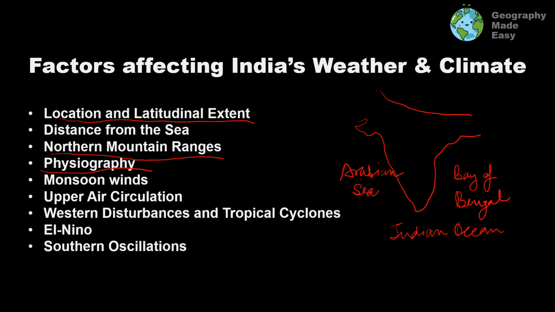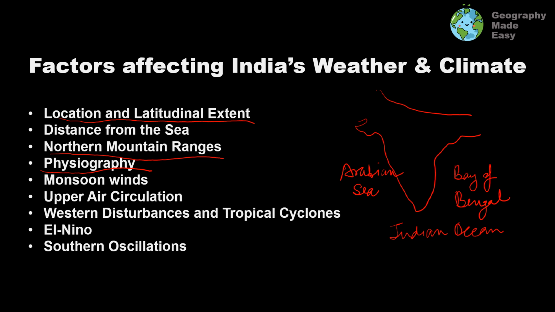Where mountain ranges are present, the wind blowing in that area and the kind of rainfall experienced, which result in temperature and pressure changes, are all linked together. The presence of one physiographic unit has an impact on all these other climatic factors.